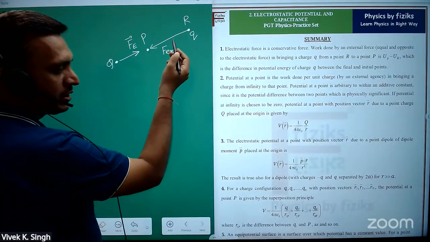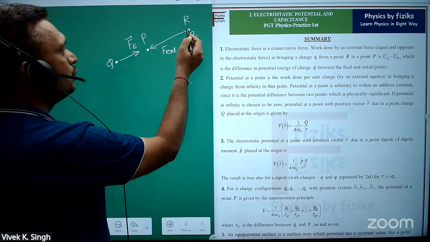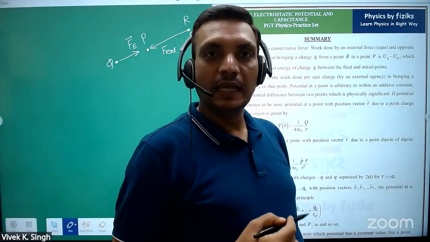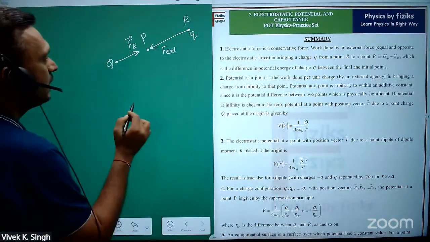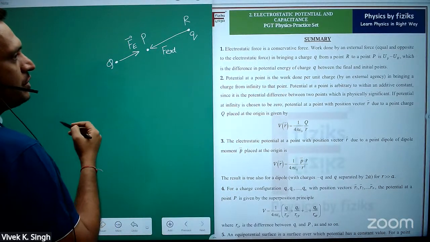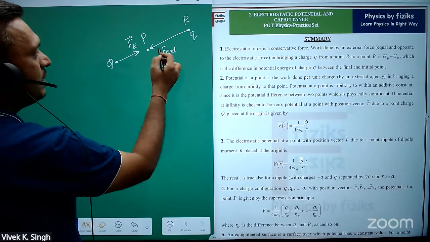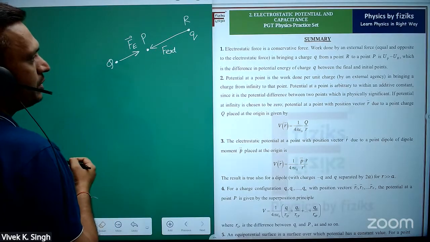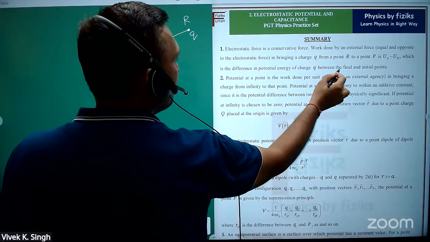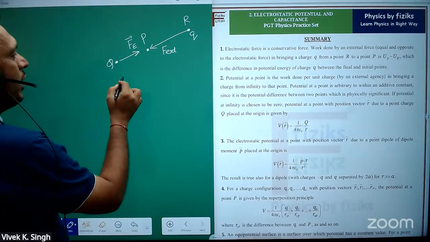So you need some external force to move a positive charge q from R to P. This work done is independent of path, and this work done is stored as its potential energy, which is the difference in the potential energy of the charge between the final and initial points.